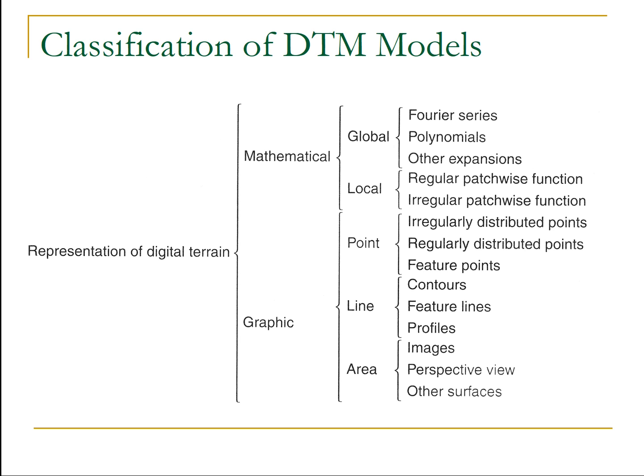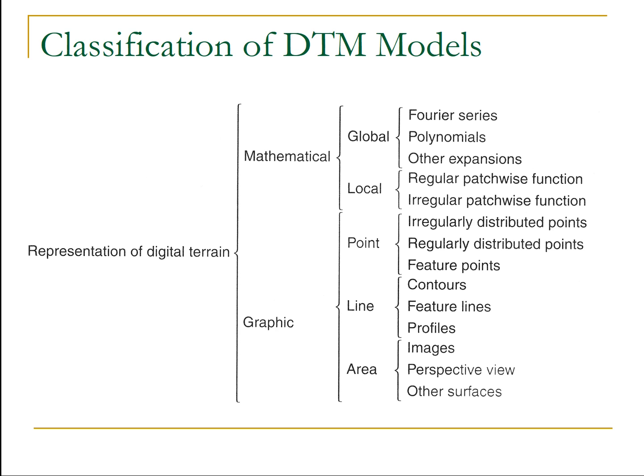So then we can classify our models. So we can do mathematical or graphic. So graphic is that physical model that we were talking about. At the top, we have global and local. And so the mathematics of global, we have Fourier series, which I introduced last semester. I'm not going to get you guys to do Fourier series mathematically in this class, so you can take a big sigh of relief.